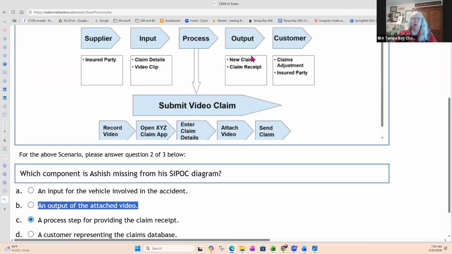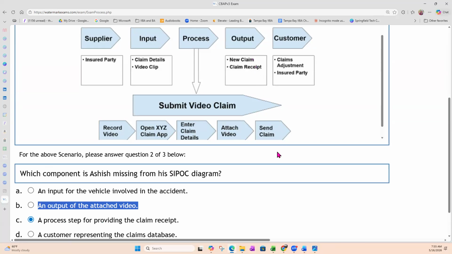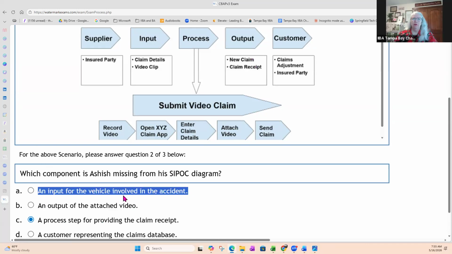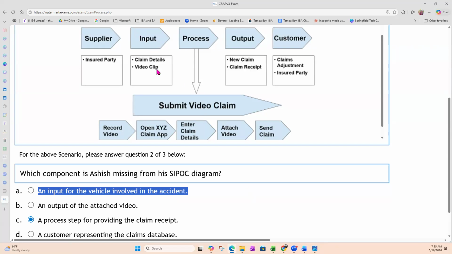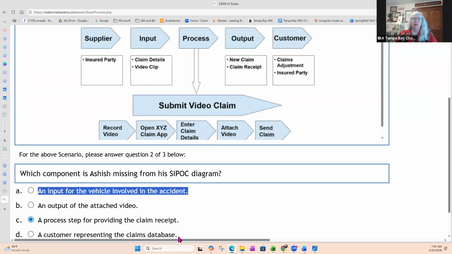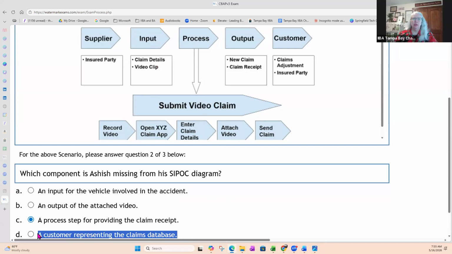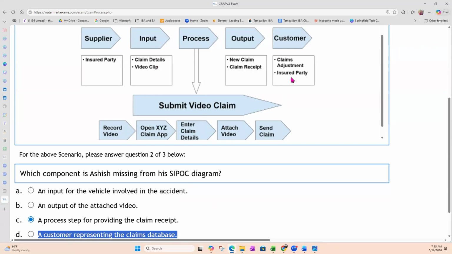Do we need an output up there that says the video's attached? No. Do we need an input for the vehicle involved in the accident? We already have it on the claim details. Okay. And the last one is, do we need a customer representing the claims database? Should that be over here? Claims database.